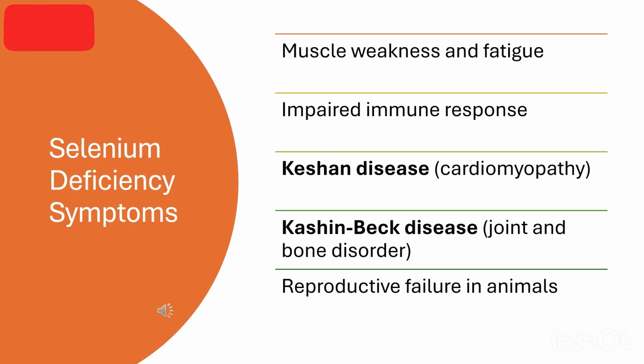There are two types: Keshan disease and Kashin-Beck disease. Keshan disease is a type of heart muscle disorder, while Kashin-Beck disease affects the bones and joints. So maintaining adequate selenium levels through foods like fish, nuts, and whole grains is also important for long-term health. So I think that's all.